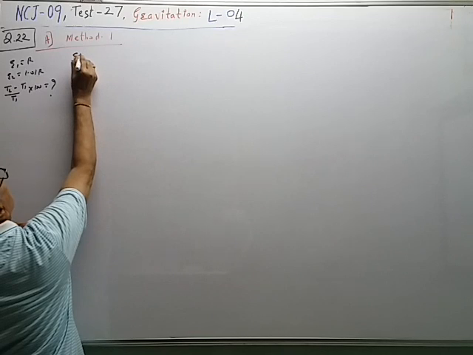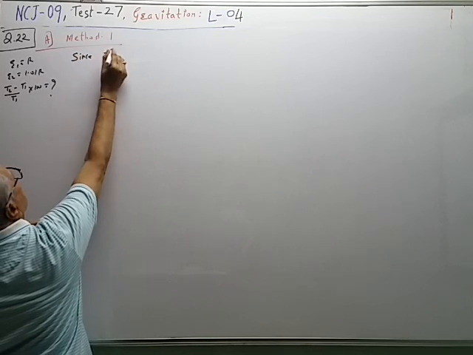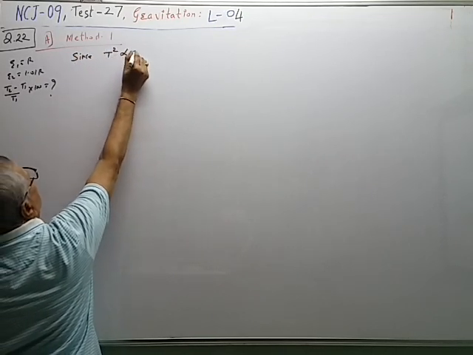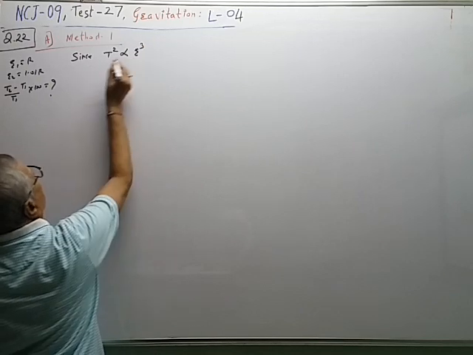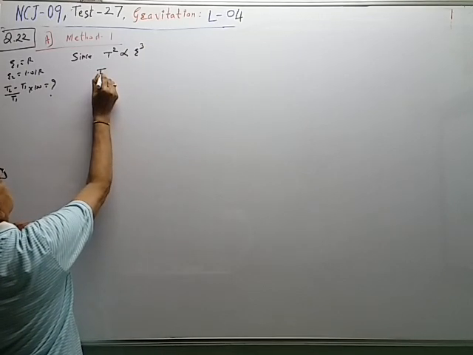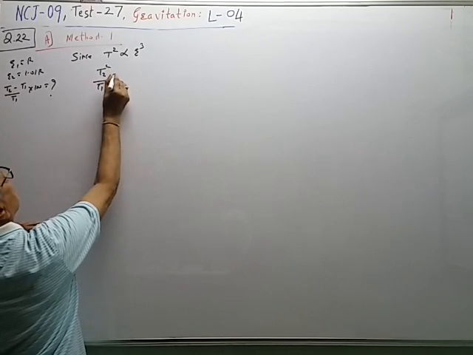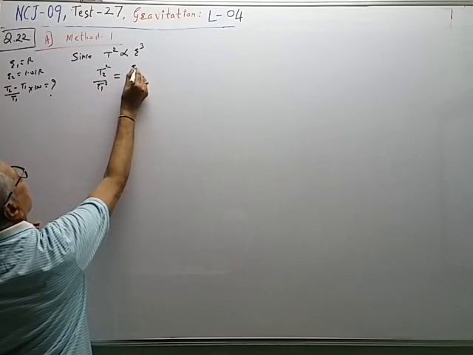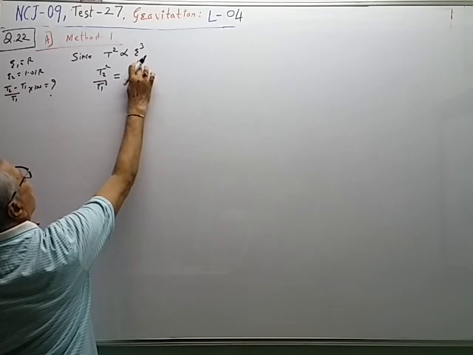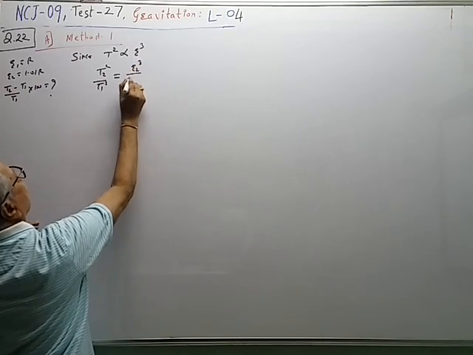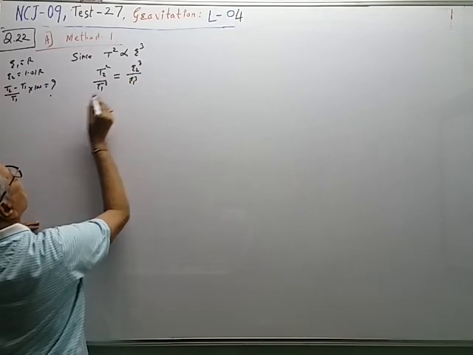Since T square is directly proportional to R cube, therefore T2 square upon T1 square is equal to R2 cube upon R1 cube.